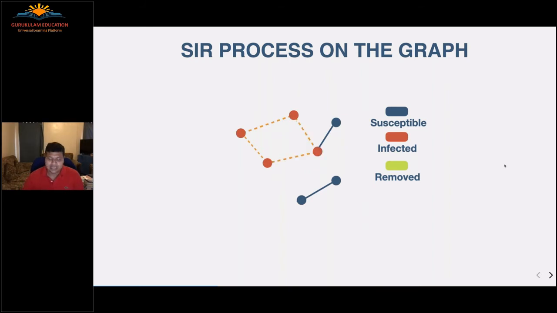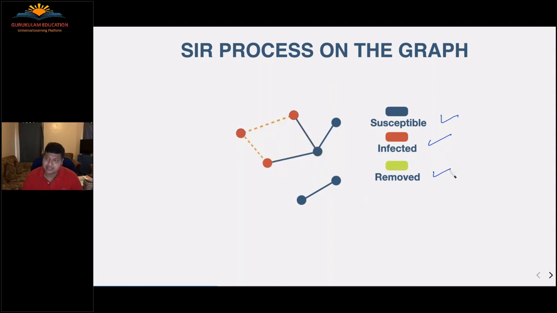Anyway, so we have this graph. How do we play the SIR process, for instance? Okay, so we do that by coloring our vertices. So we say that the blue colored vertices are now susceptible, the red colored vertices are infected, and green are recovered. I have this graph here.